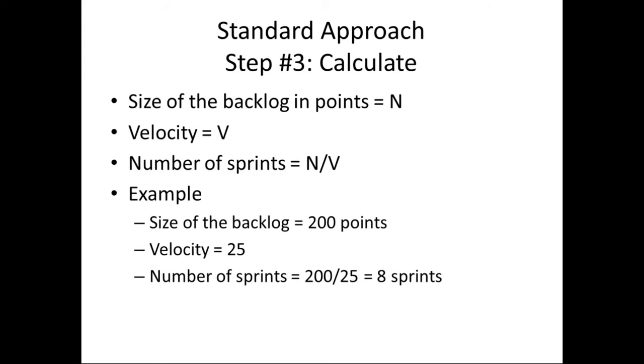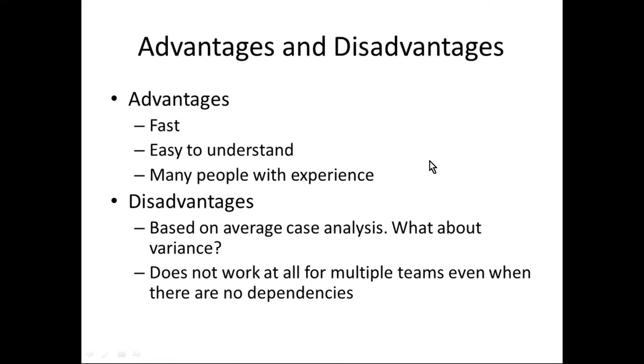So that's the standard approach to planning, and it's what many companies do, particularly companies that are doing Scrum. It's not required by Scrum, but it's definitely the most common practice. Here are some of the advantages and disadvantages of doing this. One advantage is that it's really fast.